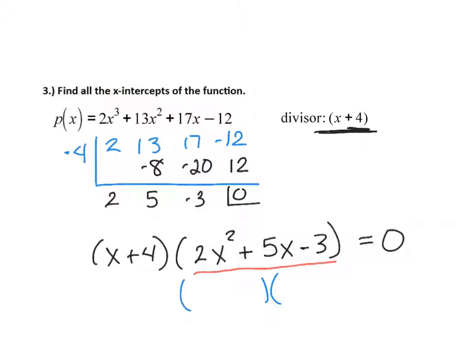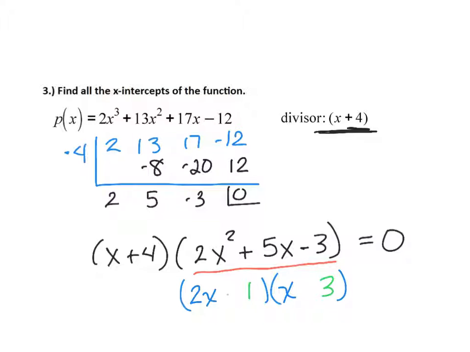Now I'm going to do this by guess and check. I know 2x squared means this has to be a 2x and that has to be an x. And to get negative 3, I've got a 3 and a negative 1, or I might have a negative 3 and a positive 1. I'm going to try some different things. Let's say 1 and 3 right here.